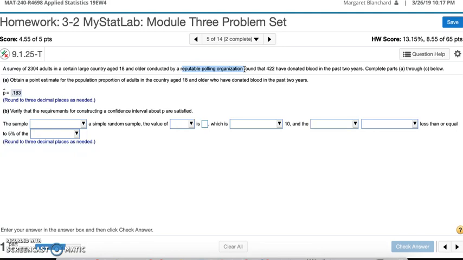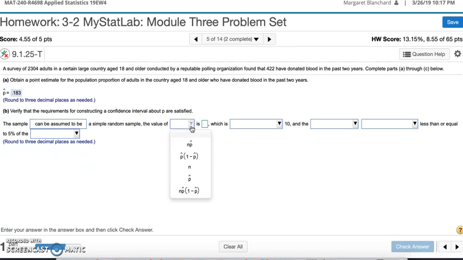When they say that, you can assume that this is a simple random sample. So it's not stated, but since it's a reputable polling organization, it can be assumed that it is a simple random sample.